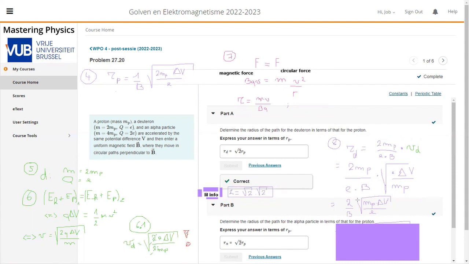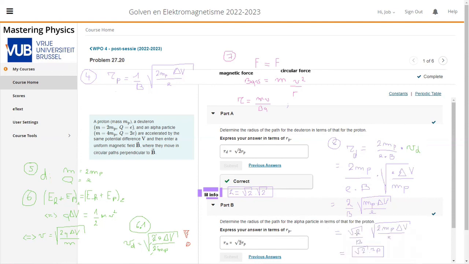Then you also have a little info that I put here. If you have this one, you can find it by doing the root of 2 times root of 2, which gives you automatically 2. I'm going to show you what I mean.